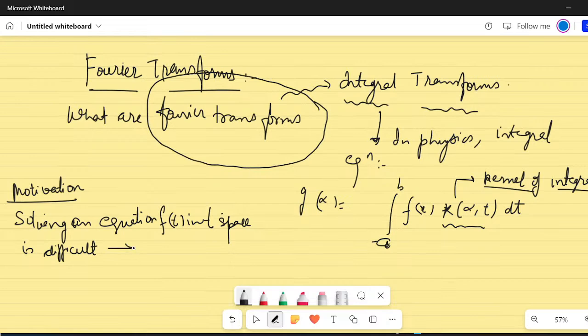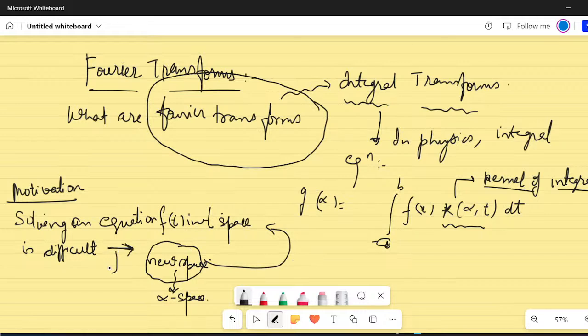So what happens is, you transform this f(t) into some other space, a new space, let's say alpha space, and from there I can revert back to my original space and get back the solution using the inverse of this. So this particular process of transformation is called integral transformation. By integral transformation, I can move from one space to another.